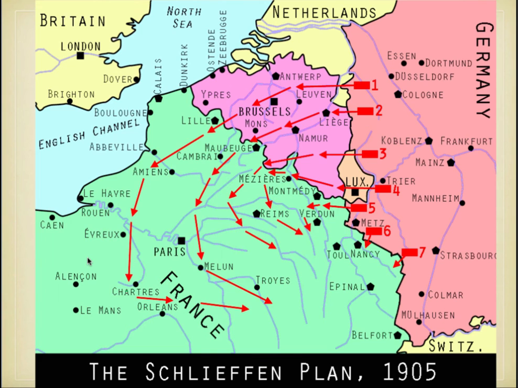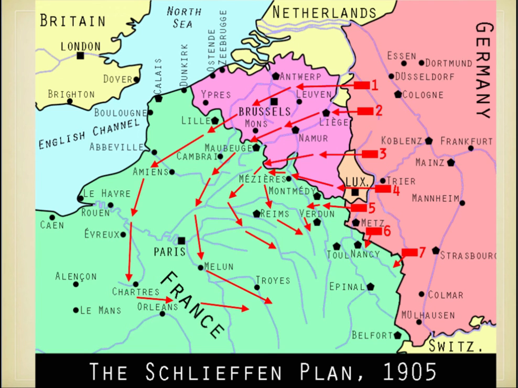The hope for Germany was to avoid that two-front war by quickly defeating France, by invading France through Belgium, and defeating France within a timetable of 42 days, which was calculated by the Germans to be the time that the Russians would need to mobilize and start invading. So France could be defeated, and Germany would be able to rush to their other border to stop the now incoming Russian army.